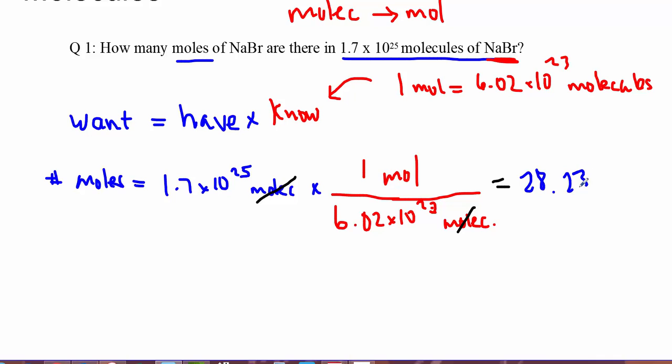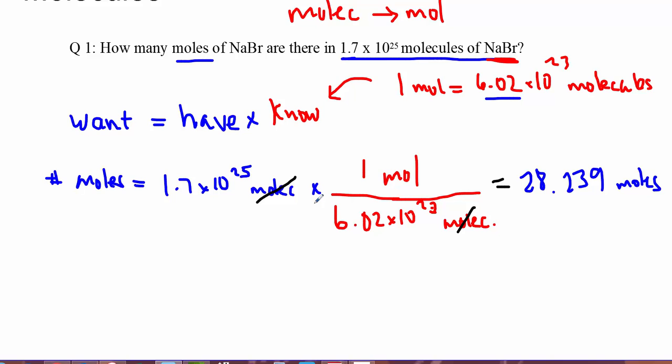And before I say I'm finished, I need to look at my significant figures. In this question, my original data had 2 sig figs in it. 1.7 has 2 sig figs. Avogadro's number does have 3 sig figs, but we're limited in a multiplication and division question to the least number of sig figs. So we can only have 2 sig figs in our answer because of the 1.7.